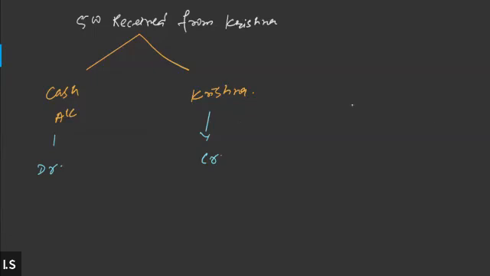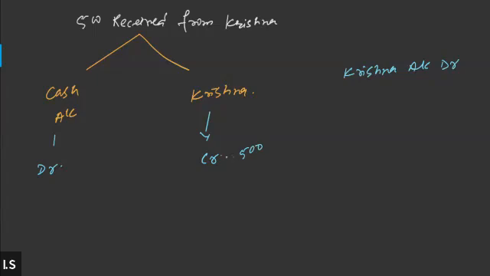in order to rectify this, we will write Krishna account will be debited. But by what amount will it be debited? Not 500. We have earlier recorded 500 here as a credit.